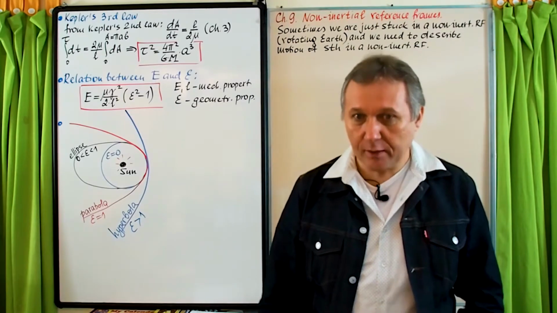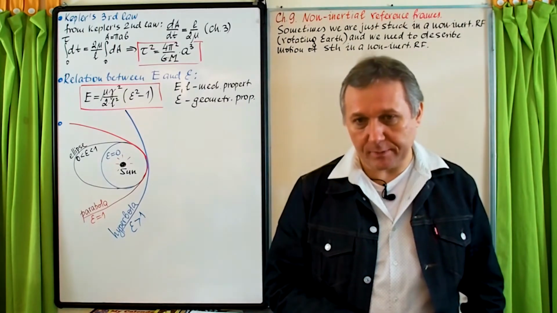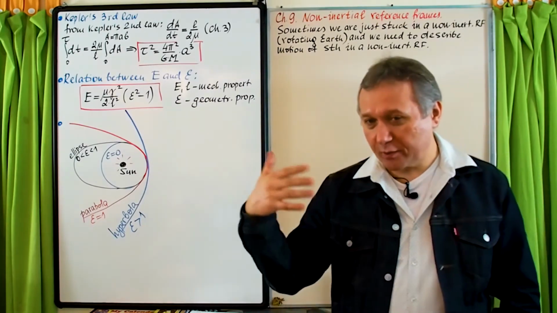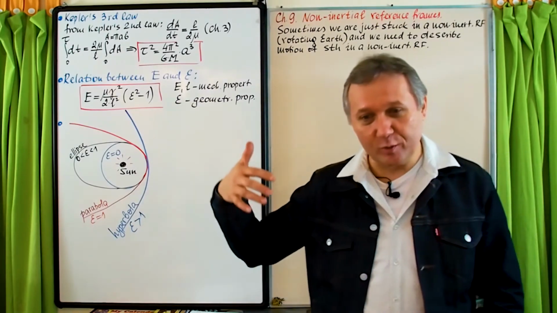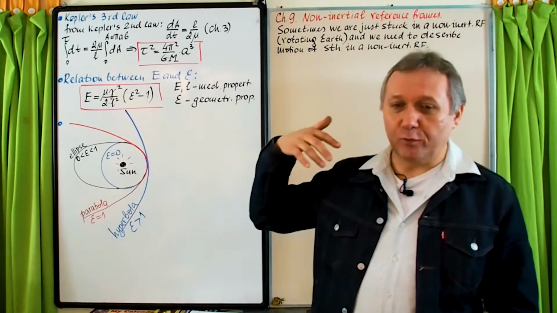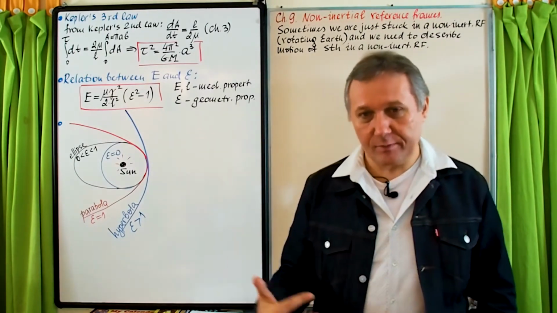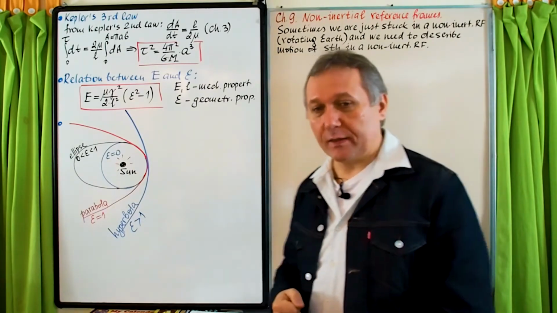Again, only in inertial reference frames. You remember the first lecture of this semester, that's why we introduced Newton's first law, in order to find and define those inertial reference frames, because we need to find them all the time.